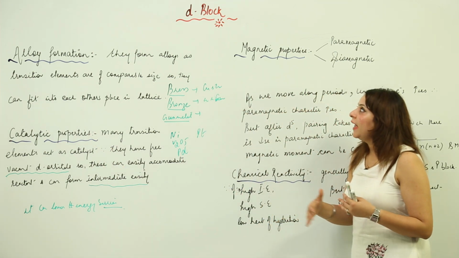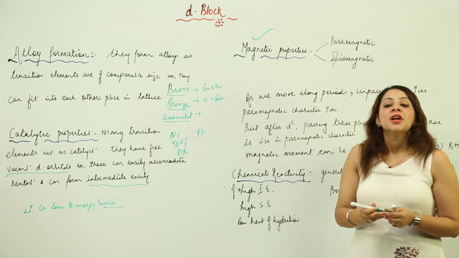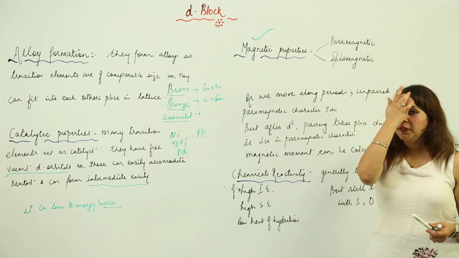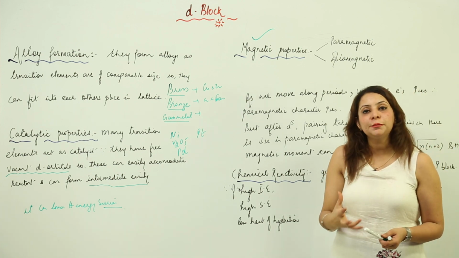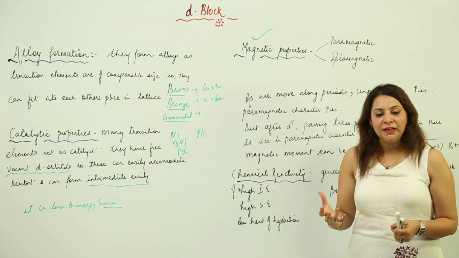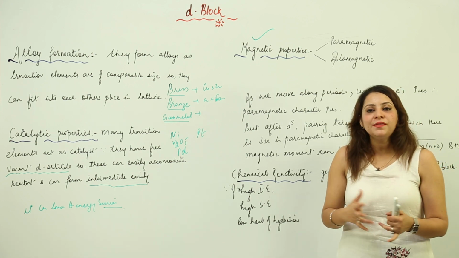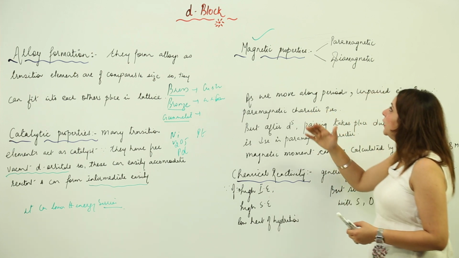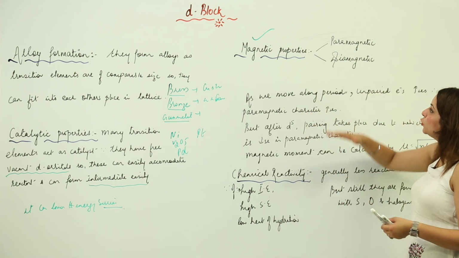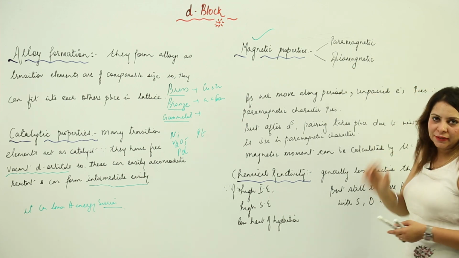Now moreover, we have a few more properties, like the magnetic properties. Depending upon magnetic behavior, we have many kinds of behavior that we see in daily routine: paramagnetism, diamagnetism, ferromagnetism. Here I have taken two important magnetic properties, paramagnetic and diamagnetic.